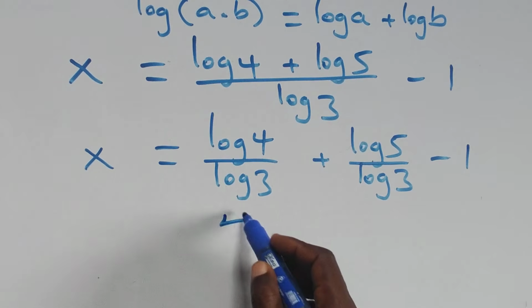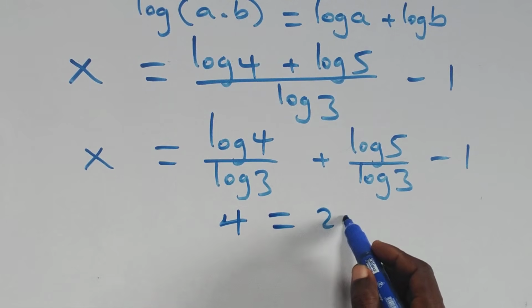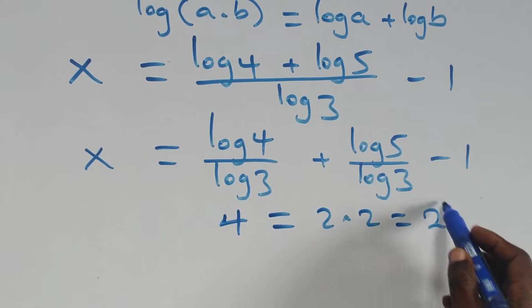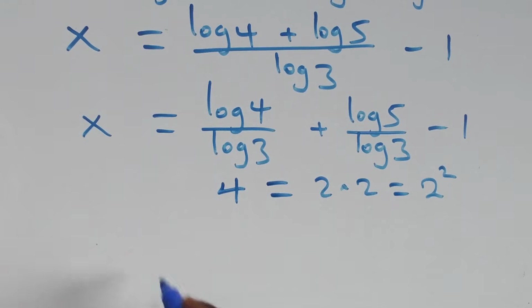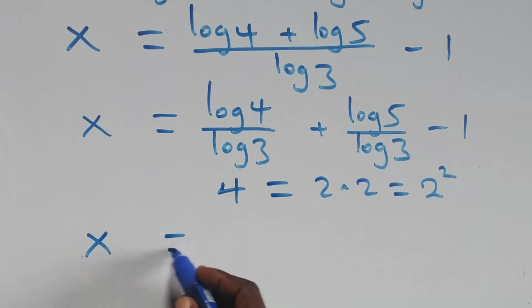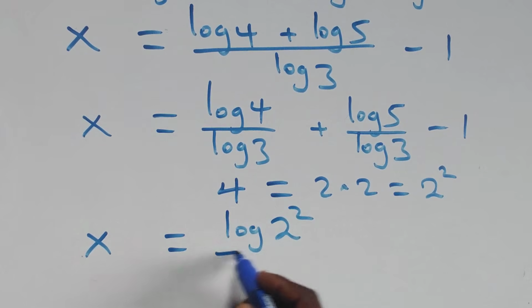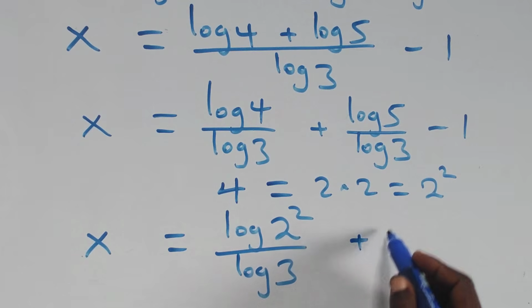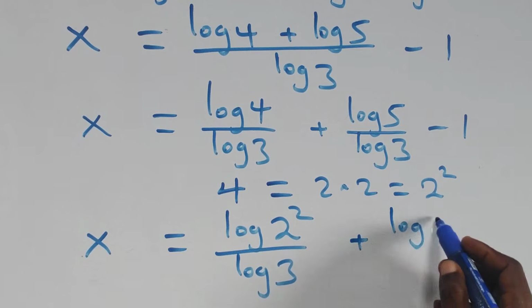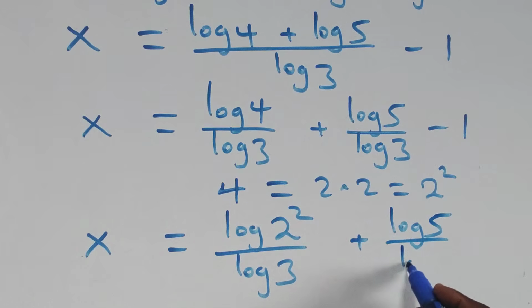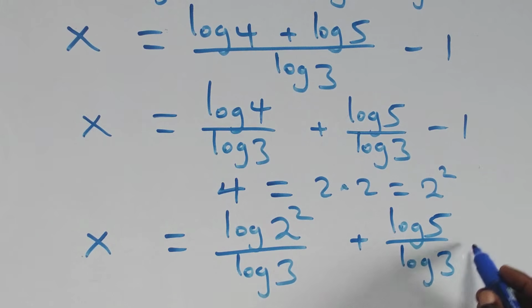Then here 4 is the same thing as 2 times 2, which is the same thing as 2 square. When we write this becomes x equals to log 2 square over log 3 plus log 5 over log 3 minus 1.